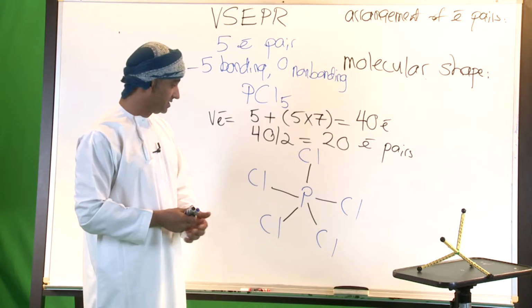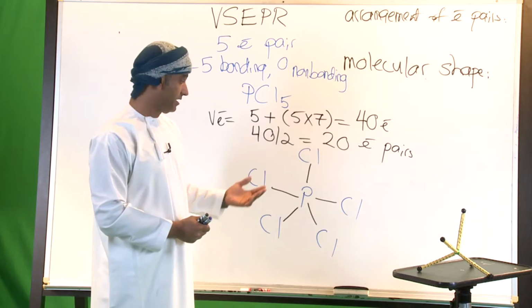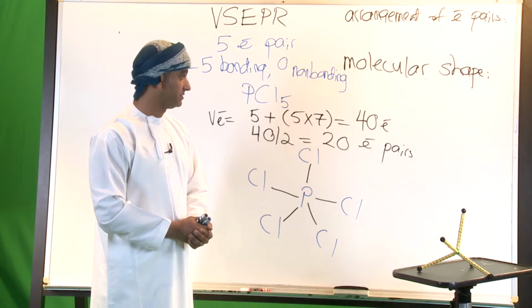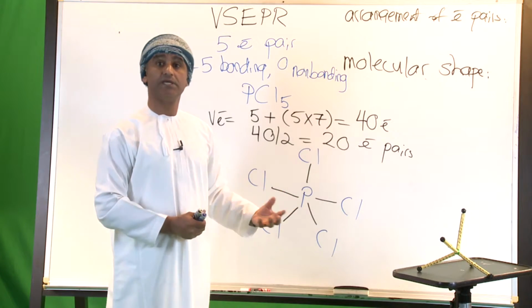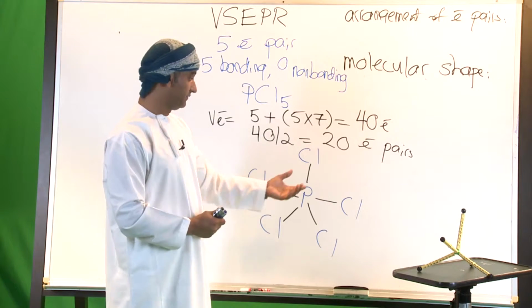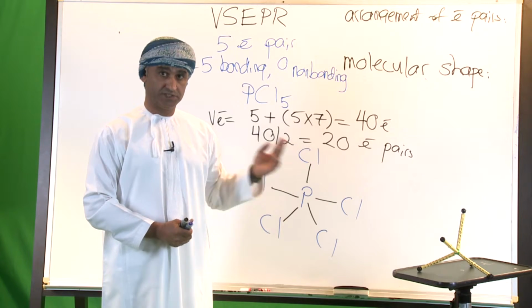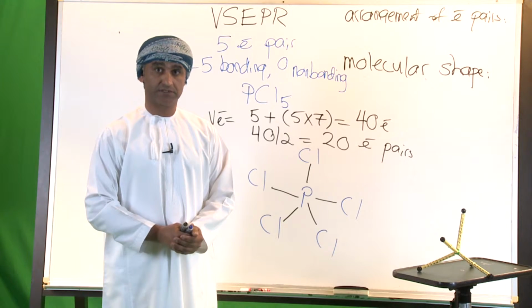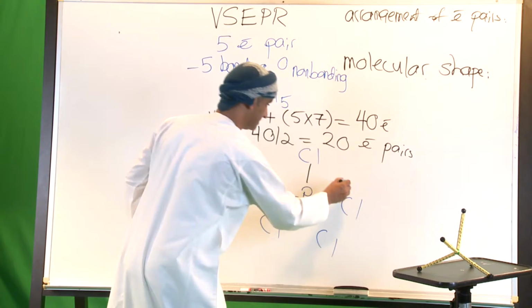Now if you look at this structure so far, phosphorus has 5 bonds, so therefore there are 10 valence electrons, but we had 40. So what we need to do right now is to satisfy the octet on the surrounding atoms. Each of these chlorine atoms is bonded with phosphorus, so each has 2 electrons so far. We need to draw the remaining 6 electrons.